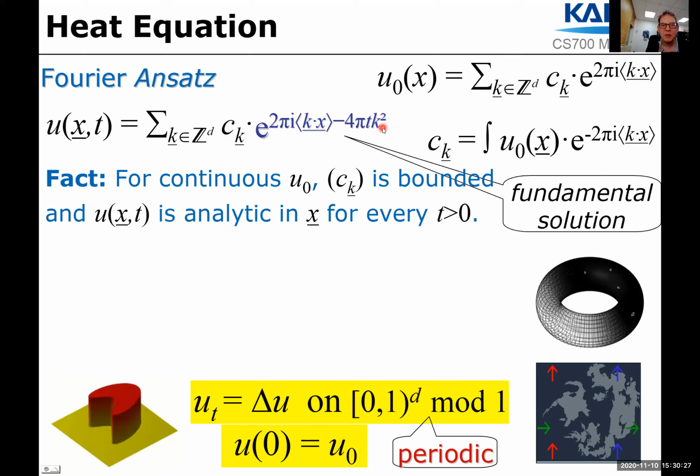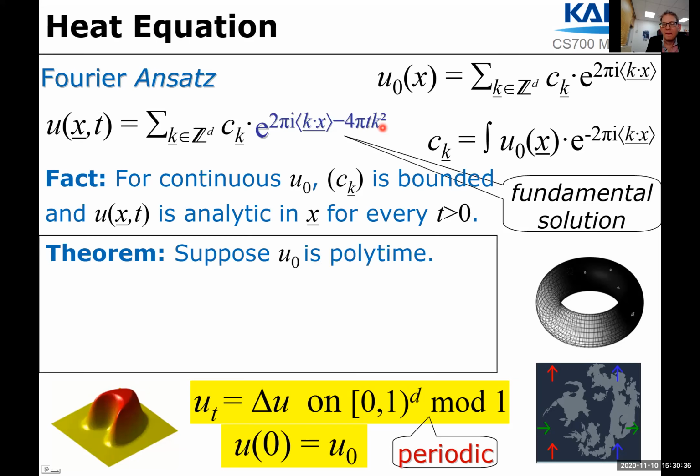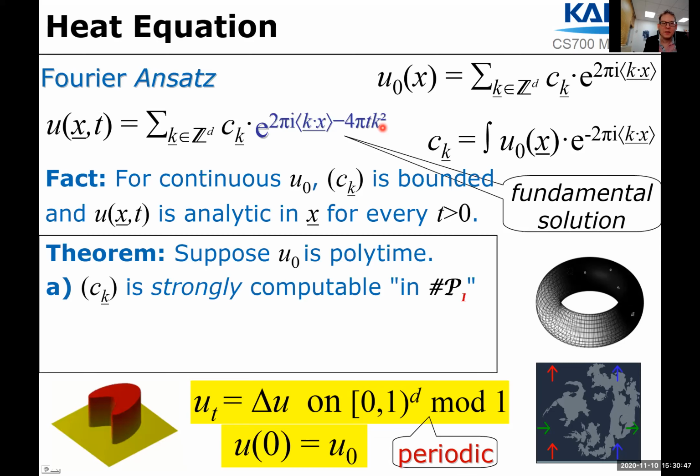So we can do the same analysis as we did for analytic functions. Okay, so we have the following theorem. If the initial condition is polynomial time computable and in particular continuous, then the sequence of Fourier coefficients is strongly computable in sharp P1.